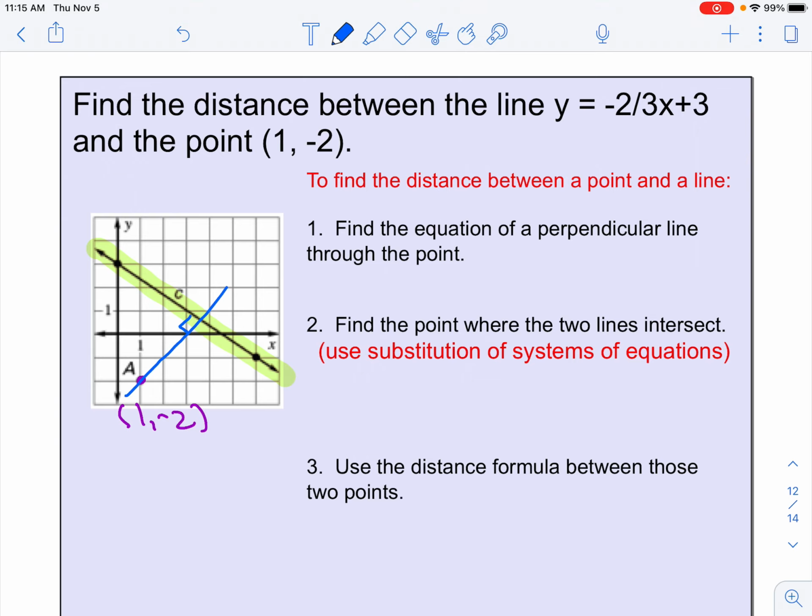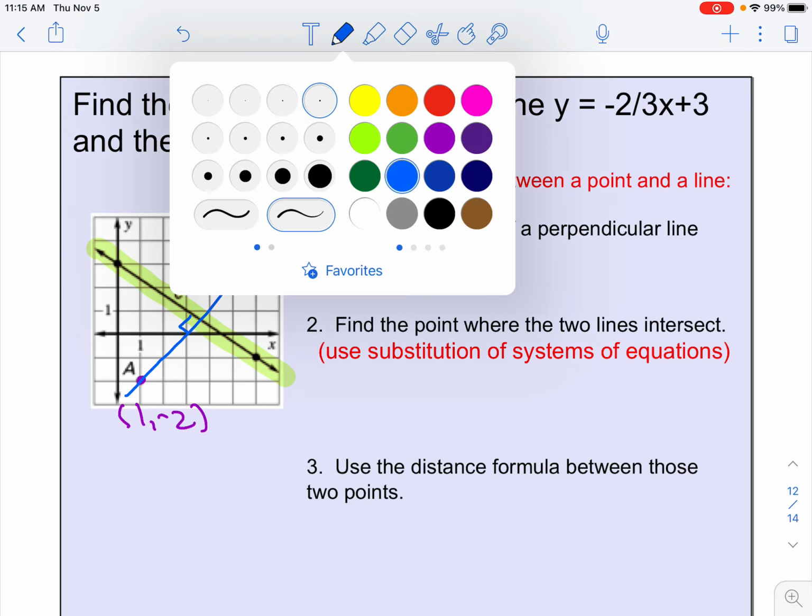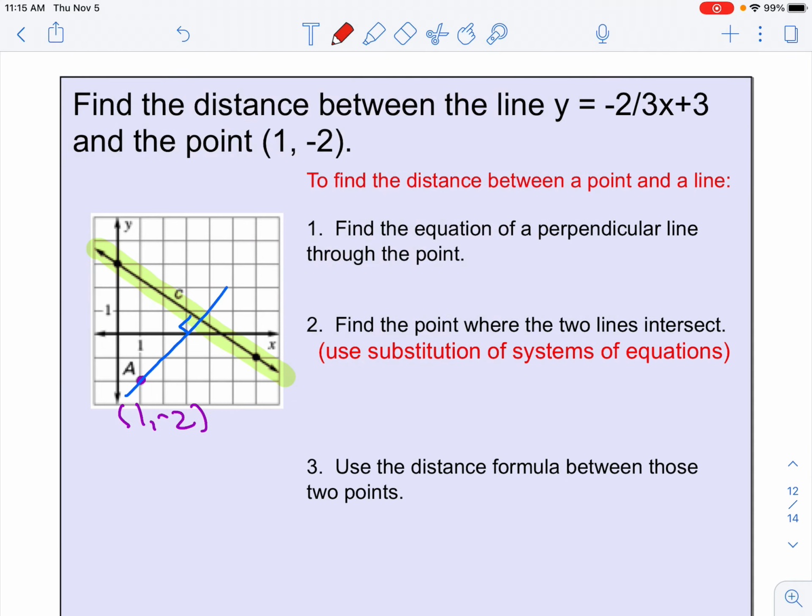So first of all, I need the slope of this given line. So the given line's slope I need. Well, the slope of this line is going down 2 and then right 3. So the slope of this line is -2/3.